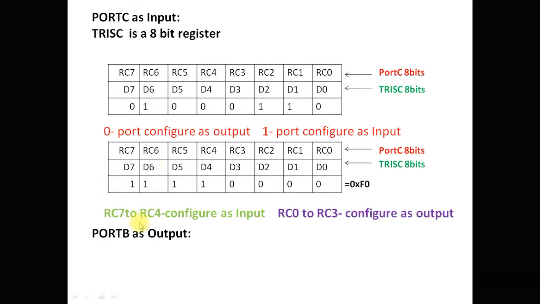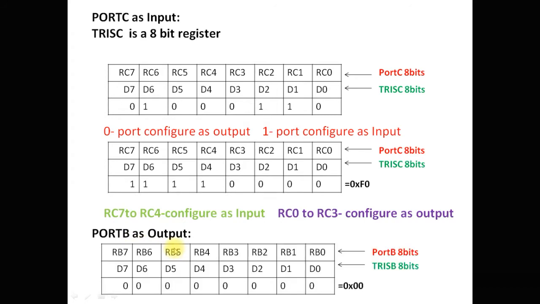Next, we are ready to configure the entire port as output. To do this, we write zeros from the D0 bit to the D7 bit of the corresponding direction register, the TRISB register. So the hexadecimal value is 0x00. This is the shortcut.